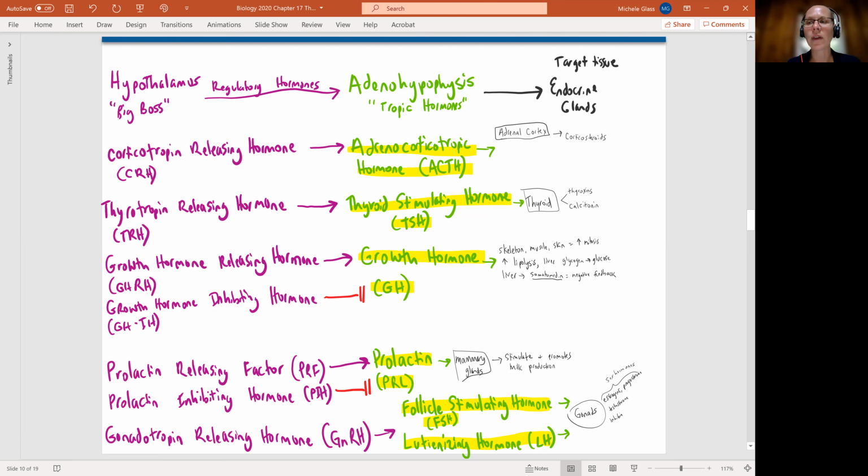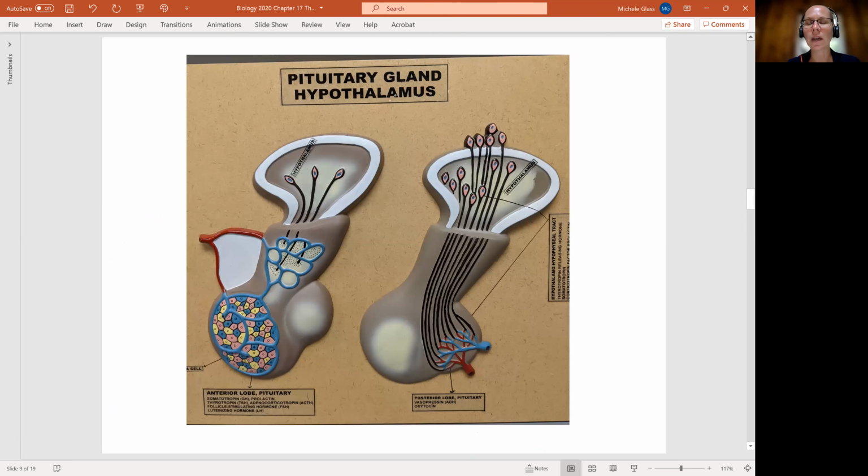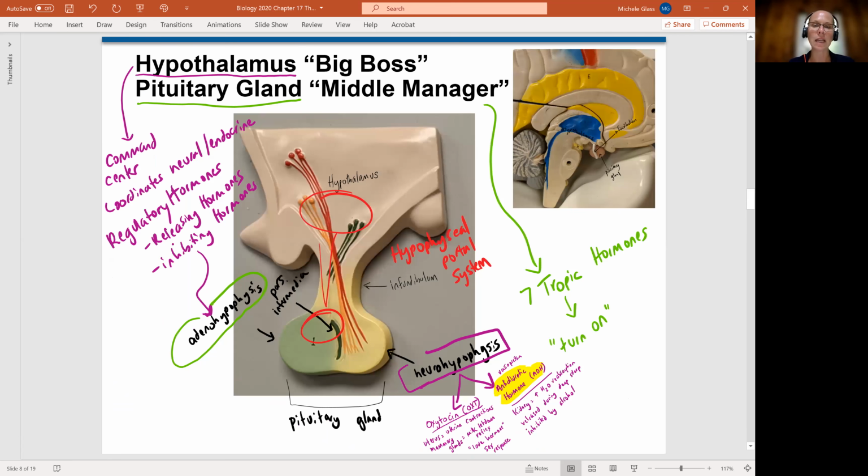Let's take a look at that diagram that we labeled together where we first introduced the hypothalamus and the pituitary gland. And let's pay attention to that diagram specifically of the pituitary gland. And remember, we have the adenohypophysis as the anterior lobe. We have the neurohypophysis as the posterior lobe.